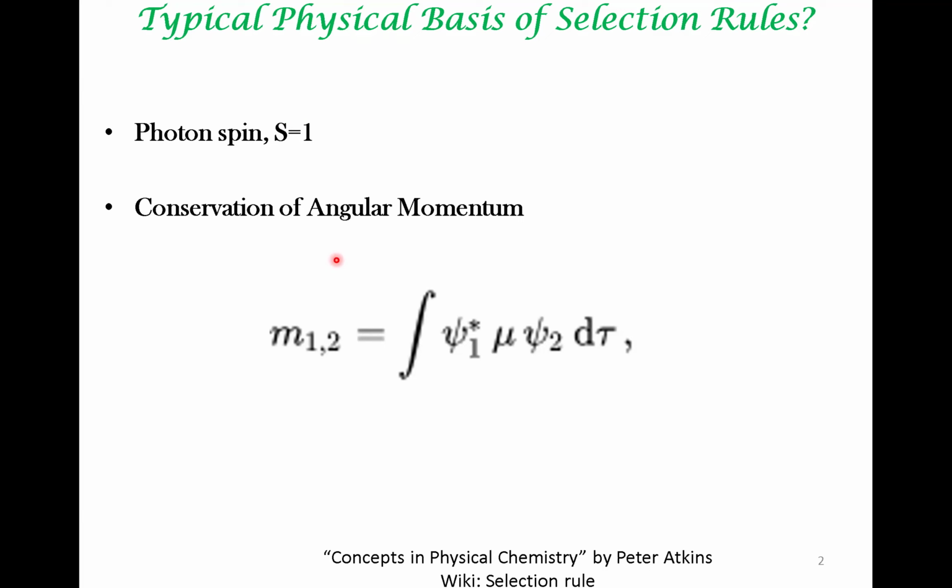So mathematically, how the selection rules are obtained is via certain integrals. So the integrals will involve two wave functions. One is the initial wave function, another will be the final wave function. And this quantity might differ from a spectroscopy to spectroscopy. In this case, it is the transition dipole moment.